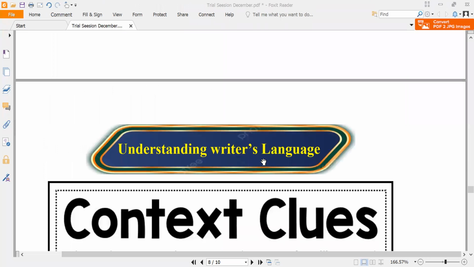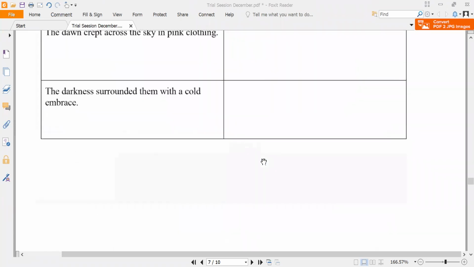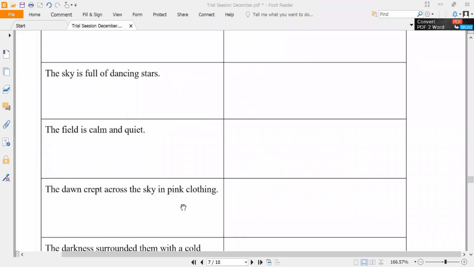Okay? Finally, to understand what we read here, I mean to understand the language of the writers, because especially in fiction writing, writers use expressions that are not clear or explicit, but implied or implicit meanings.